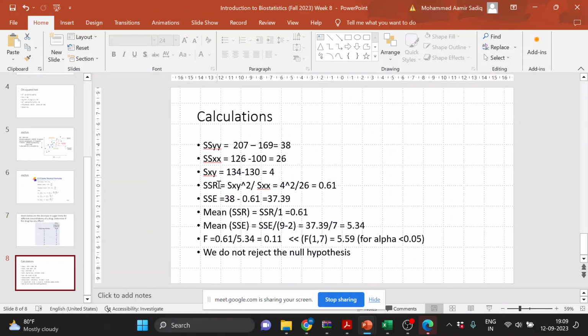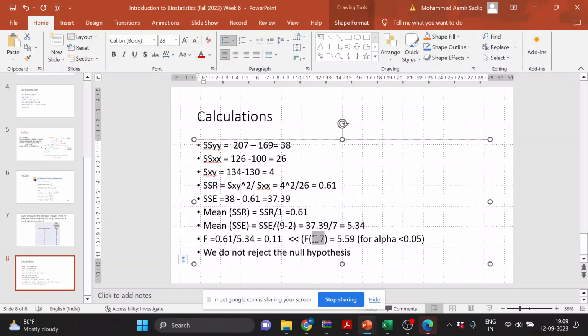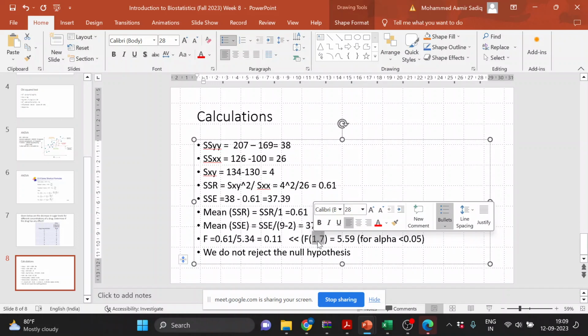This is how we calculate all the variables. Your F statistic is the ratio of mean SSR to mean SSE, and it comes out to be 0.11, which is less than 5.59. Your F always has two parameters: degrees of freedom in the numerator and in the denominator. Here the numerator degrees of freedom was 1, because we have just one group of x values.